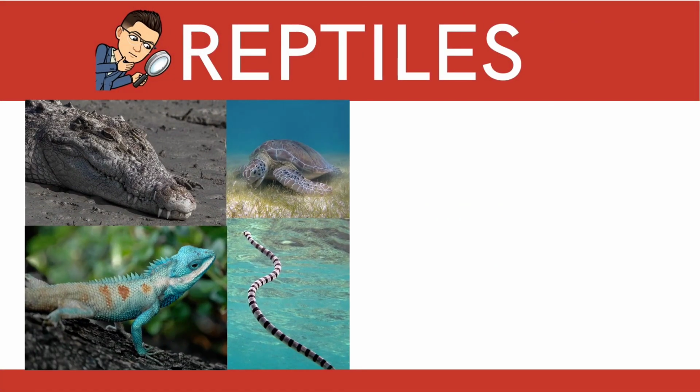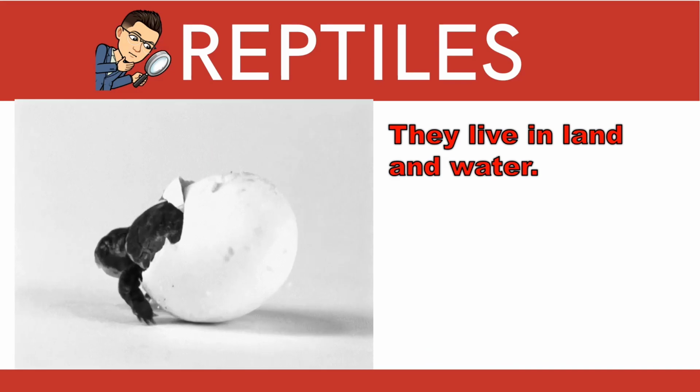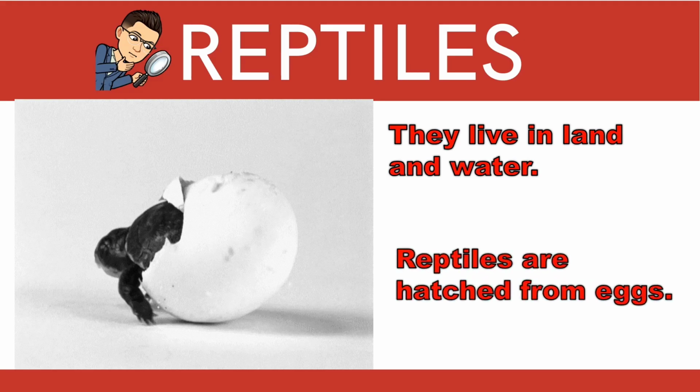Based on the pictures, class, where do reptiles live? You're right. Reptiles live in land and water. How about this picture? What can you observe? Very good. They come from eggs. Reptiles are hatched from eggs.